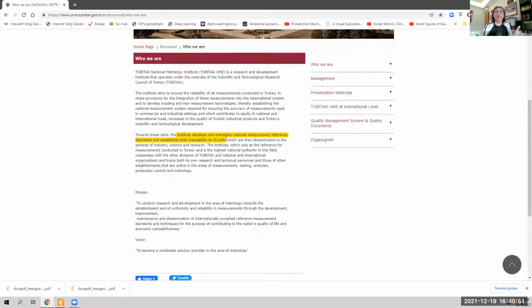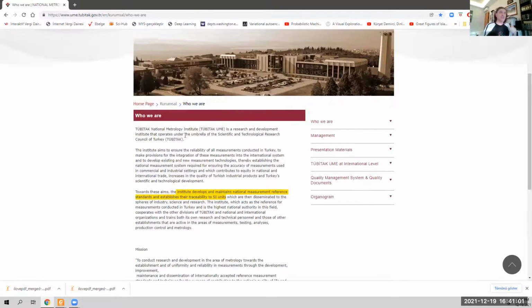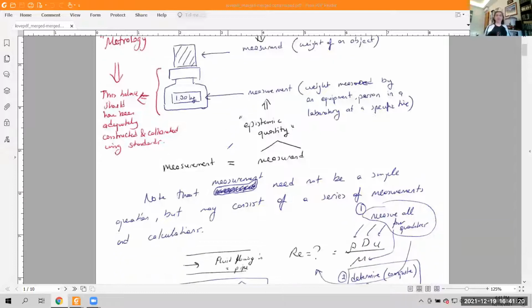Of course, there are always going to be experimental random errors, but you would not like any bias stemming from the construction or anything like this, and that is actually what the institute tries to make sure of. But as we are going to see, there's always going to be some bias, almost impossible to reduce to zero. But calibration from time to time tries to deal with this issue. Anyway, let me come back to the presentation.